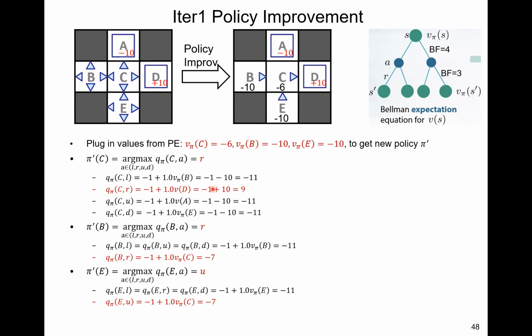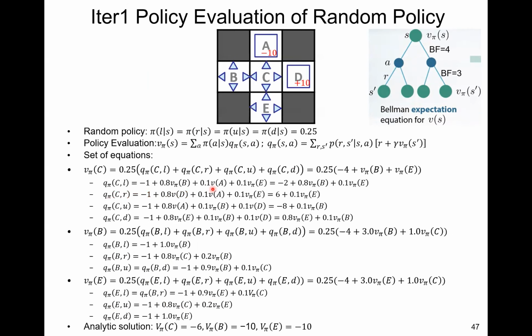Sorry, I think I made a mistake here. The environment is not deterministic. So I should have similar equations to this slide and calculate the probability of moving to the different positions.